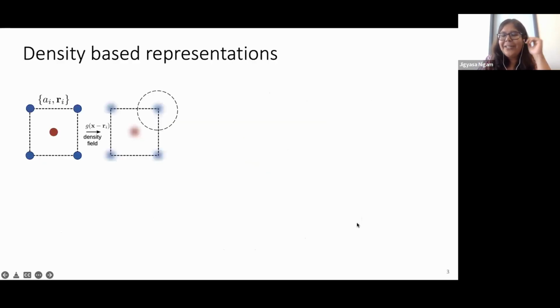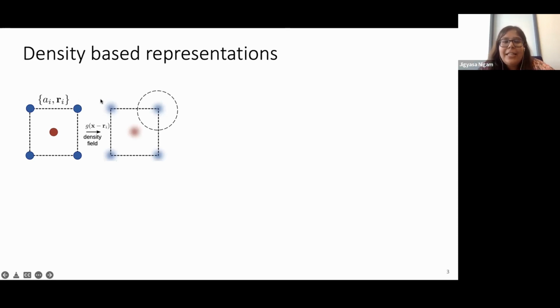So before I tell you about why so many people are interested and spend so much time in constructing these representation functions, I'll quickly give you a brief overview of how this is done, at least how I've thought about it. So you start with this structure, for example, here you have some atomic positions and the species of the relevant atoms.